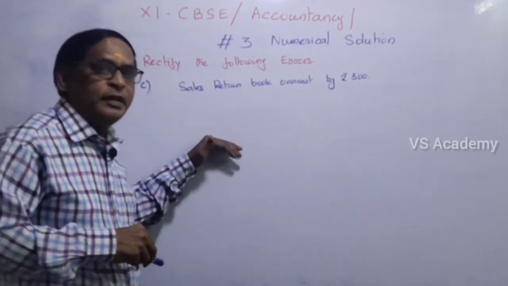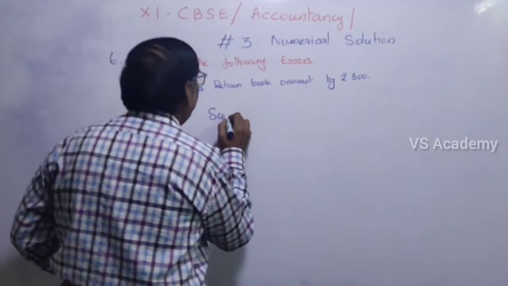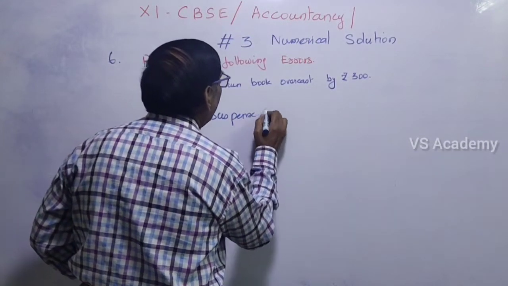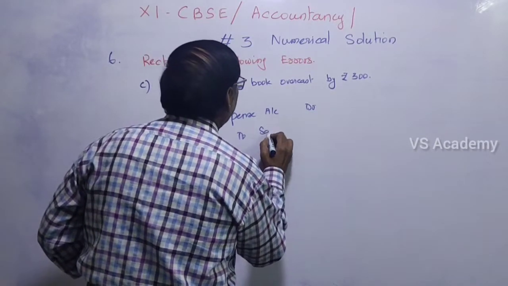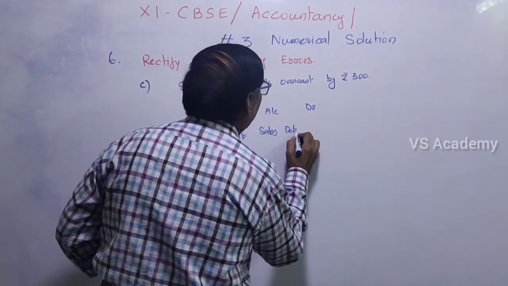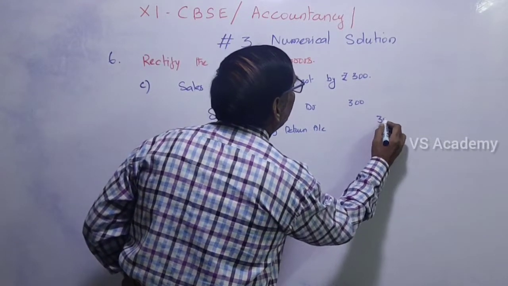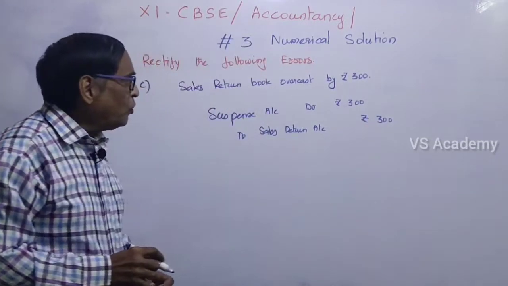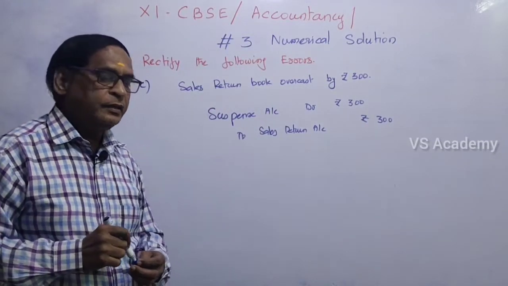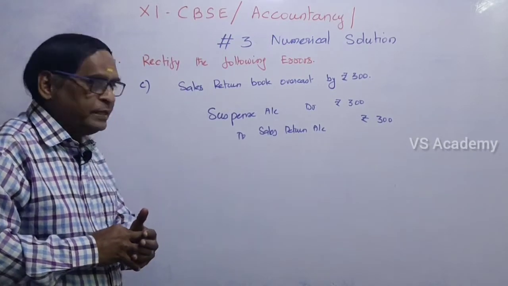We will assume that it is after trial balance. So here suspense account debit to sales return account, 300 rupees. So sales return book overcast by rupees 300 has been adjusted, now rectified. That will be the narration.